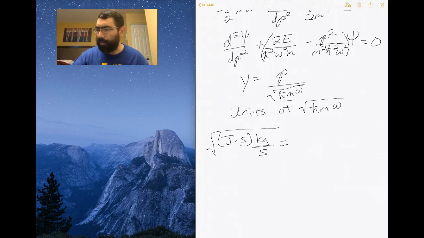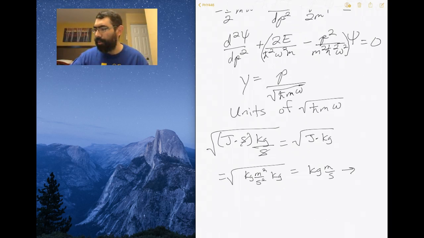The seconds cancel, and I get the square root of joules times kilograms, and a joule is a kilogram meter squared per second squared, times another kilogram. So that's basically kilograms meters per second, which is the units of momentum. So this will be a dimensionless momentum variable.